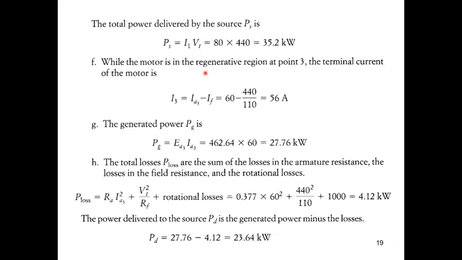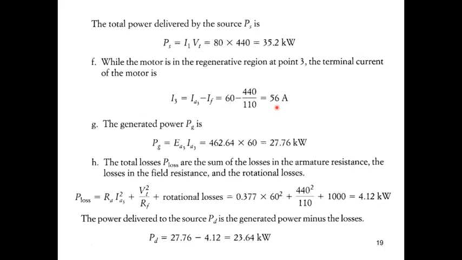So if we apply Kirchhoff's current law to the DC shunt machine, we will find that the armature current equals field current plus line current. So simply, line current is equal to armature current minus field current. We have armature current of 60 amps at point 3, it's given, and we can subtract the value of IF, so the terminal current or line current equals 56 amps.